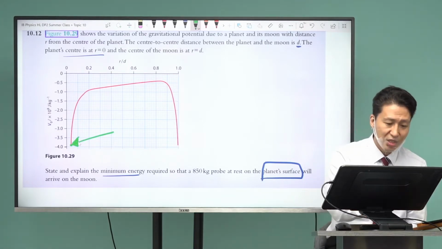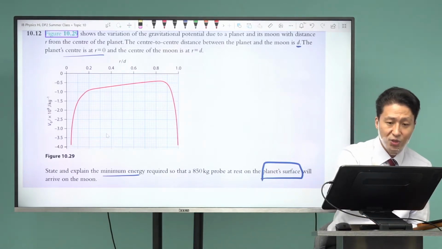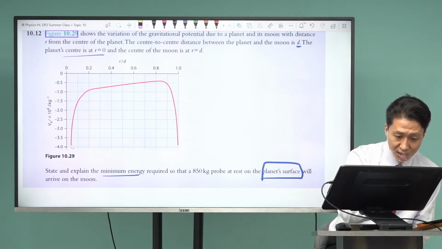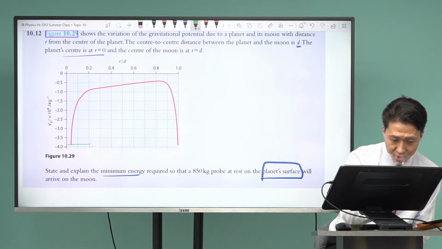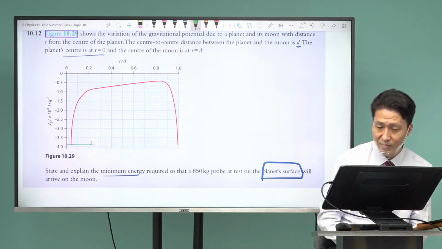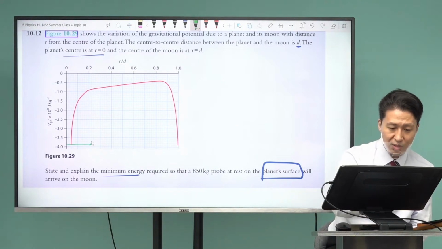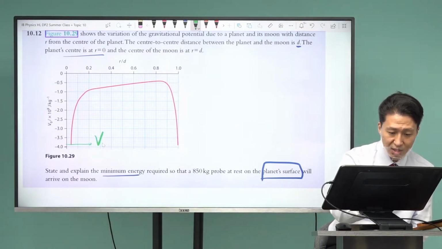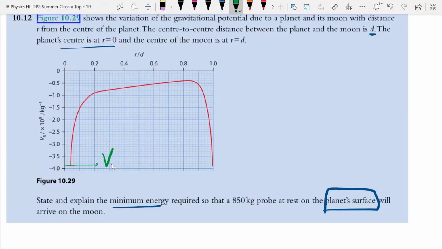So the potential on the surface of the planet is going to be this value here. We're going to make this V_S, for surface of the planet, equal to a negative, because it's a negative graph.